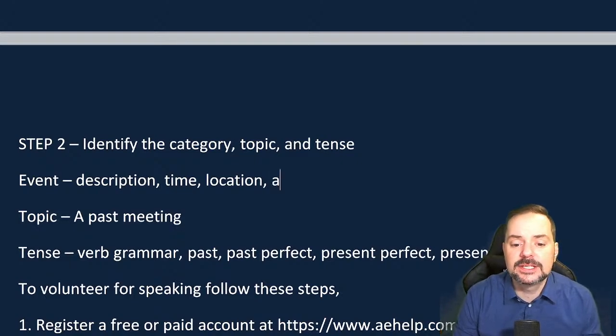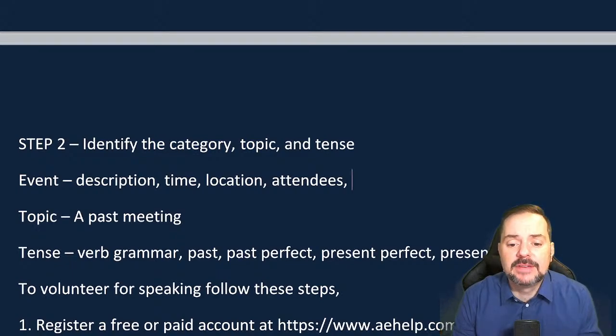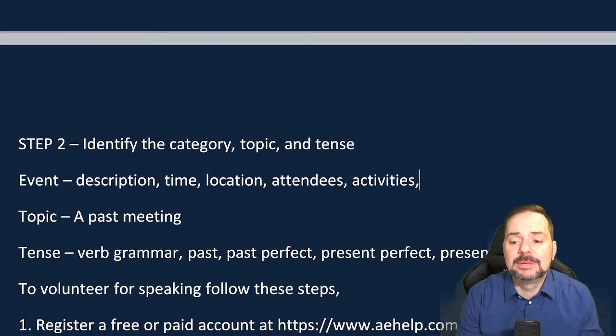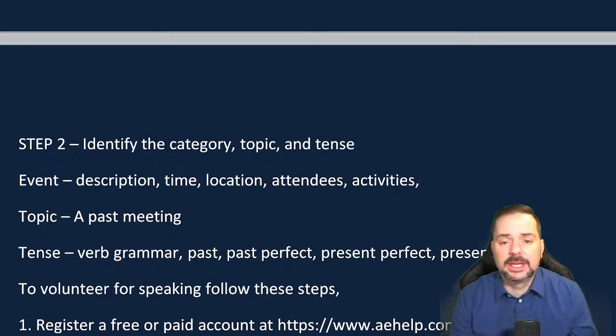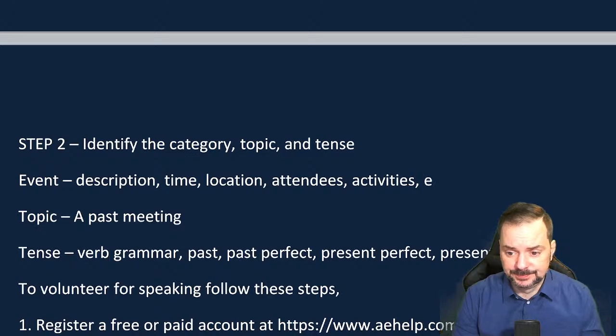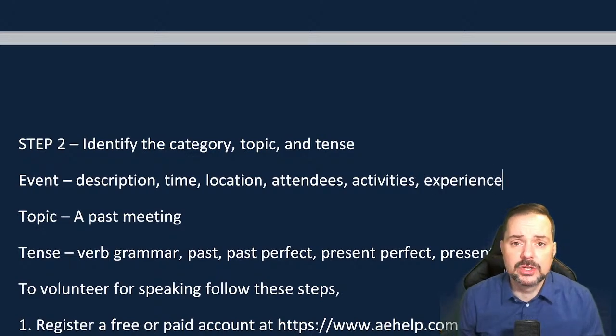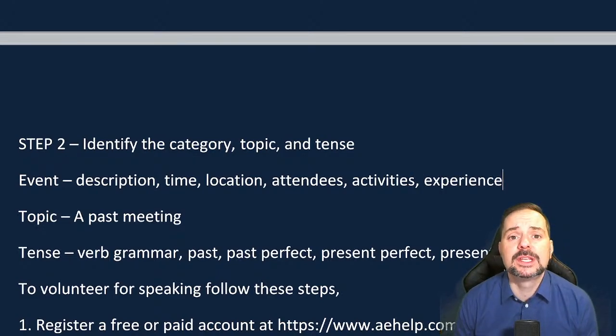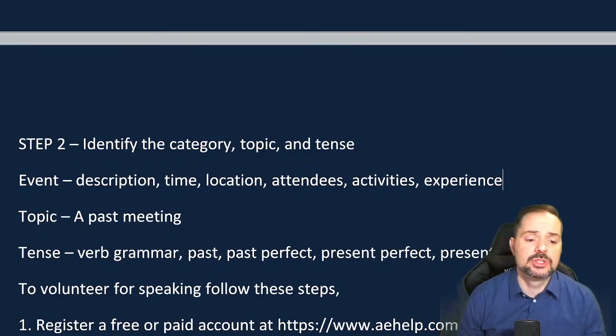The attendees: who was there, who were the people at this event. The activities: what happened there? This is where all your verbs come into play. And then your experience. Was it good? Was it bad? Was it fun? Was it interesting? So that's what you need to talk about.